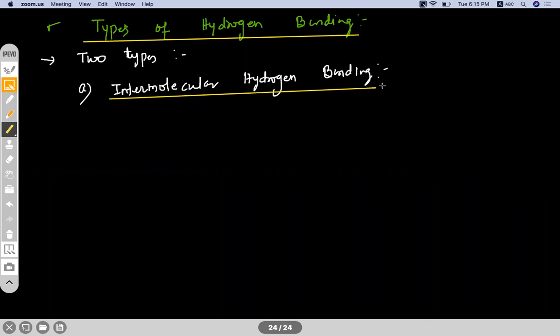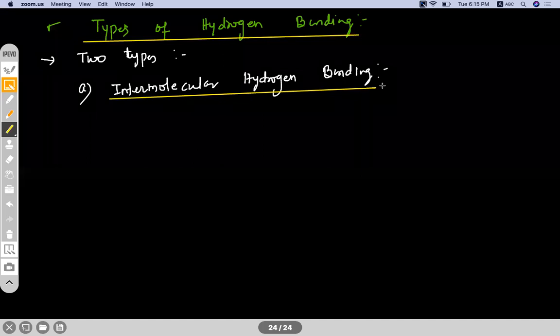Or write it this way: are present in two molecules of same or different type.